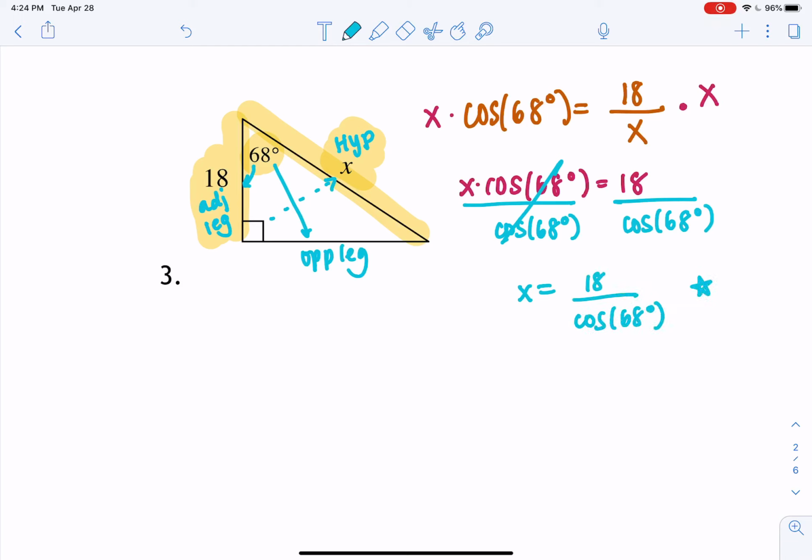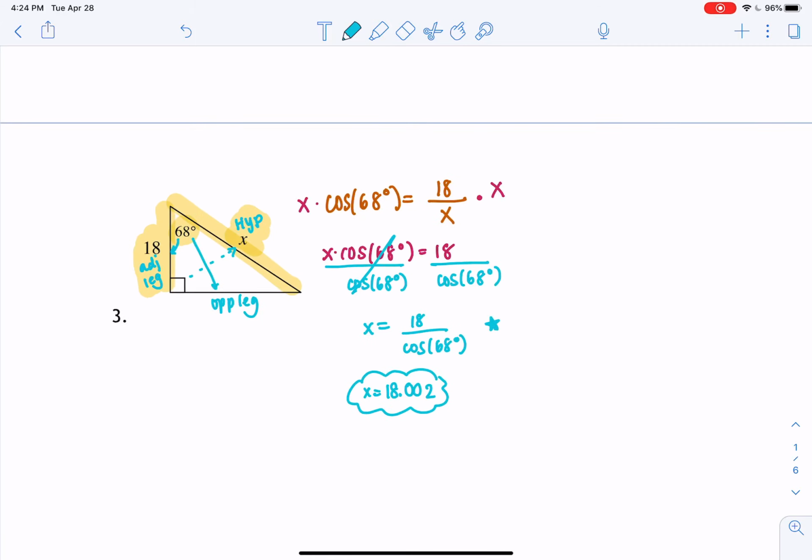And this is where you plug into your calculator. Remember the parentheses: 18 divided by cosine of 68 degrees. And we should get x is equal to 18.002357091, but we only need 3 decimal places, so 18.002.